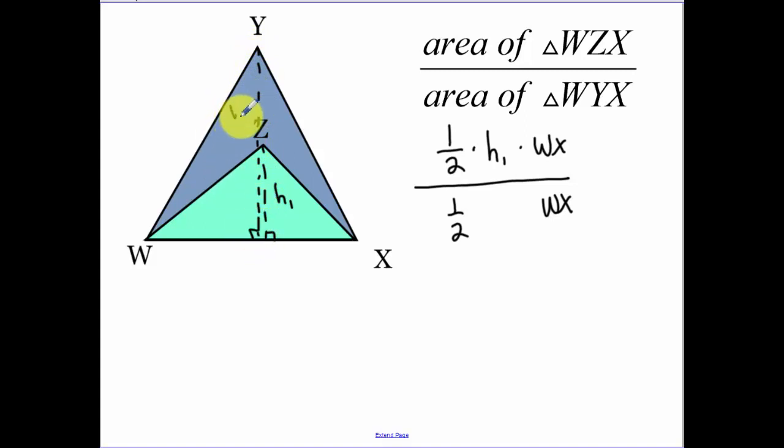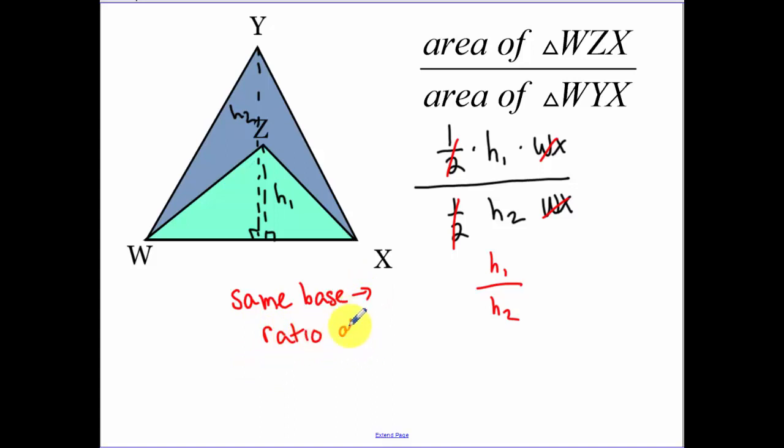I'll call that H2. So the 1/2's cancel, the WX cancels, so we have height 1 to height 2. So if we have the same base, then the ratio of the areas is the ratio of our heights.